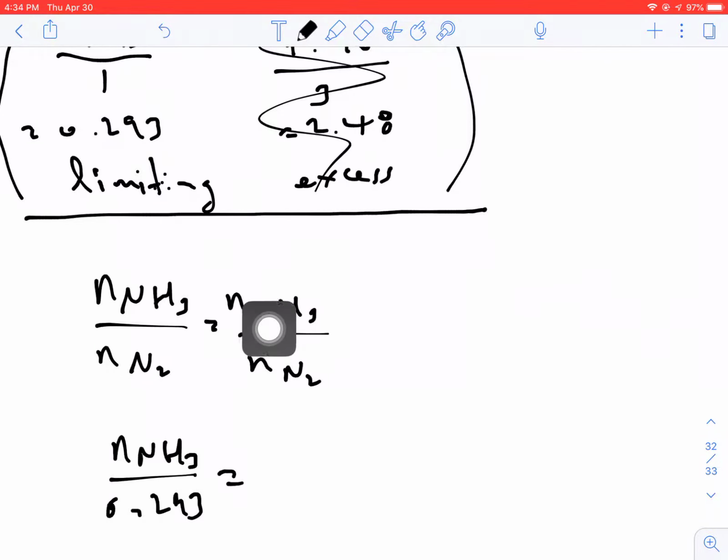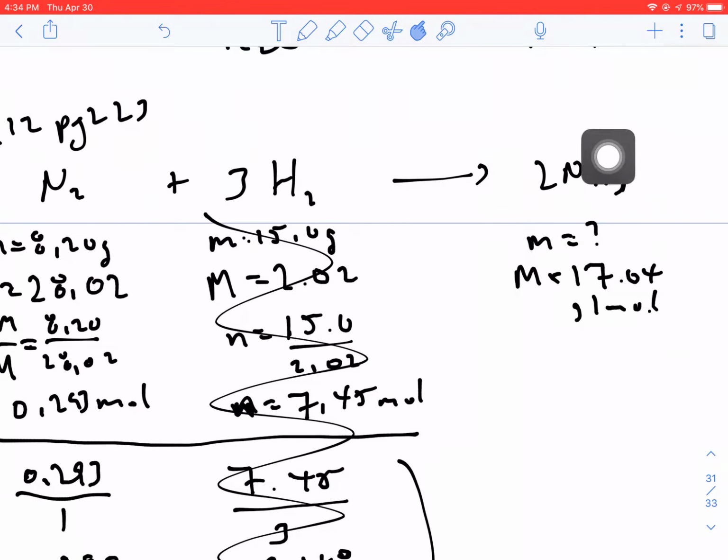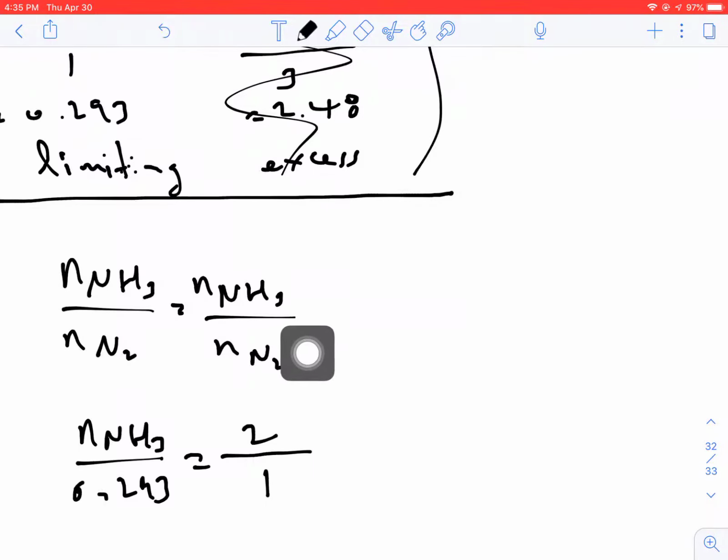On this side, I've got ammonia over N2 gas from the balanced equation. So ammonia and N2. The ammonia I can see is 2. The N2 is a 1. Two ammonias, 1 nitrogen. Remember, ammonia on top, nitrogen on the bottom.